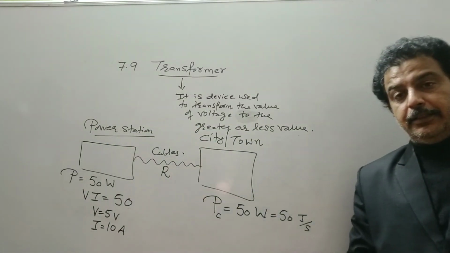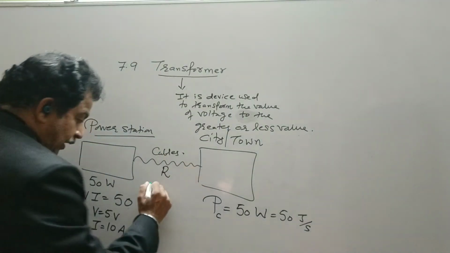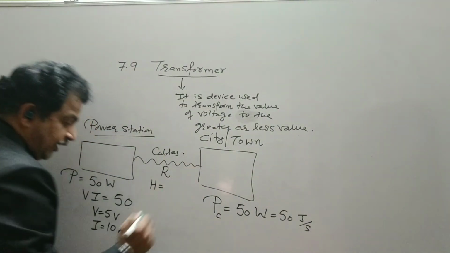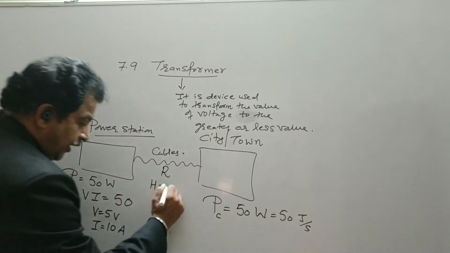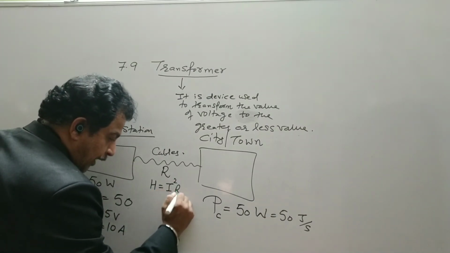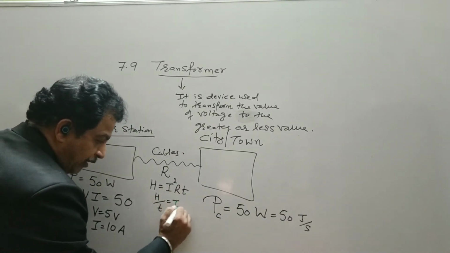cable wire. Now we know that this wire is a conducting wire, so it dissipates some heat energy. Heat energy is equal to I square RT, and heat energy per unit time is the power loss.